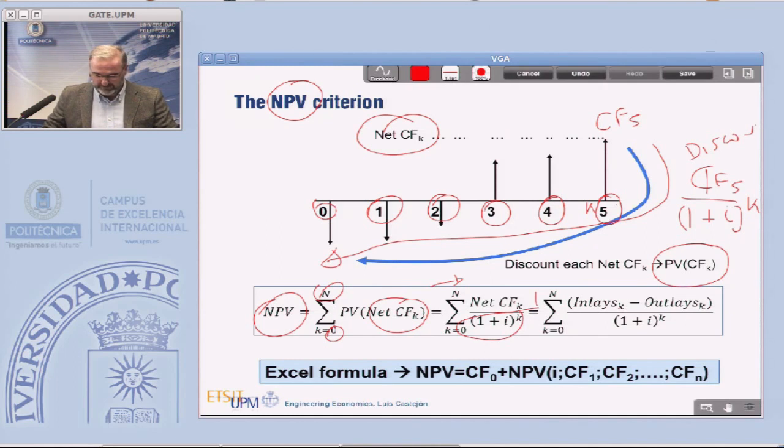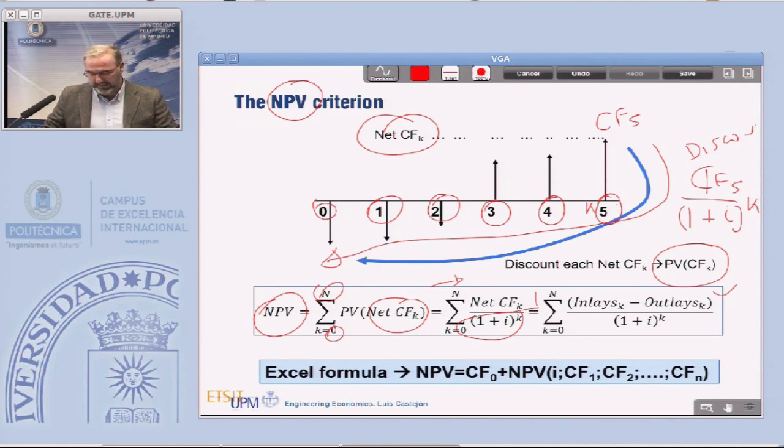And then also we can summarize this formula, expressing the net cash flows as inflows in year k minus outflows in year k, divided by 1 plus cost of capital to the power of k. So this is the general formula.